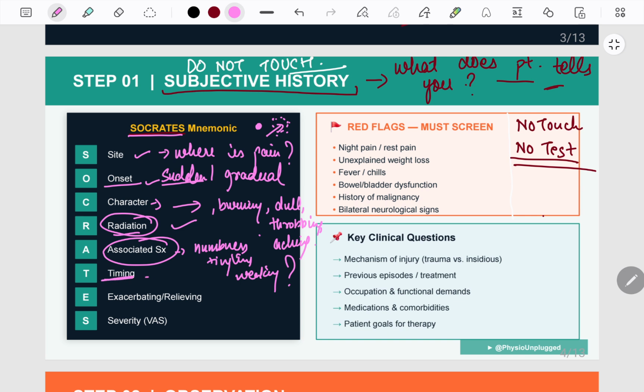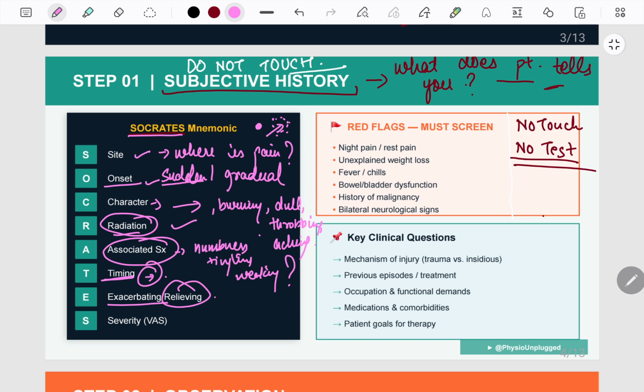Is the pain constant or intermittent? Is it worse at a certain time of the day? So this comes under the timing of the pain. Then comes the exacerbating and the relieving factors. Exacerbating factors mean the factors that make the pain worse. And the relieving factors, as the name suggests, what makes it better?